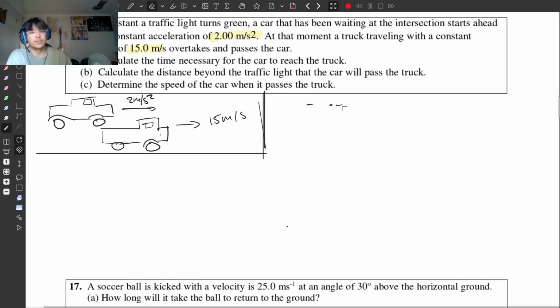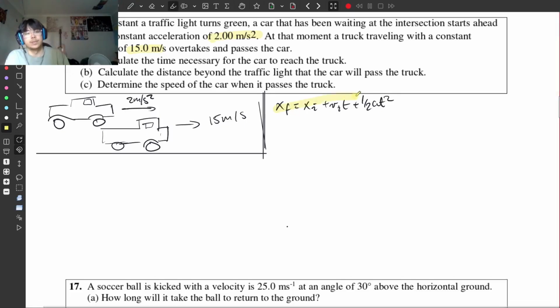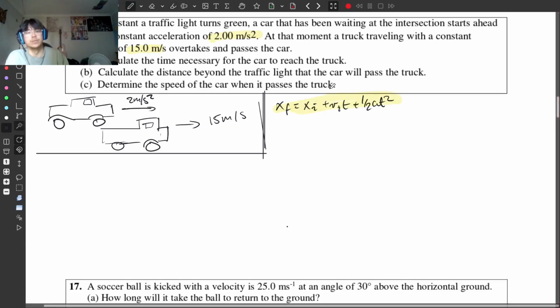So what we would actually want to use is this equation here: xf equals xi plus vi t plus 1/2 a t squared. So this equation should be all we need to solve this problem, just part A. So we need to find the time so that each of these vehicles have the same displacement.